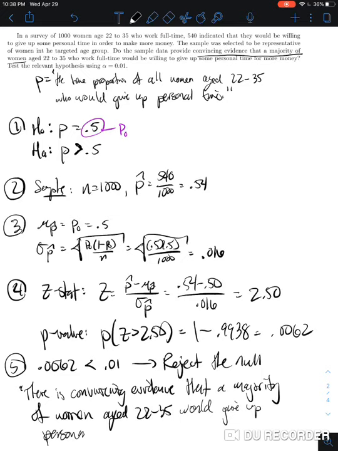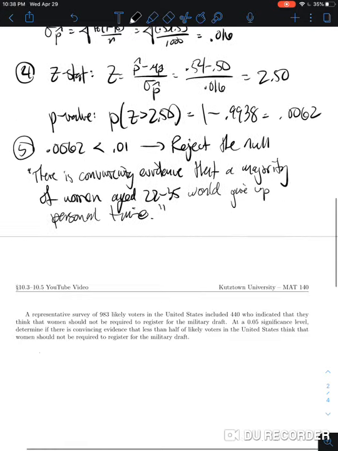Okay, so that is just me translating what the alternative is in terms of the proportion.